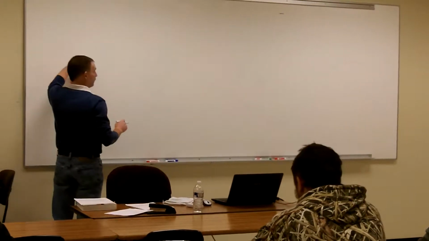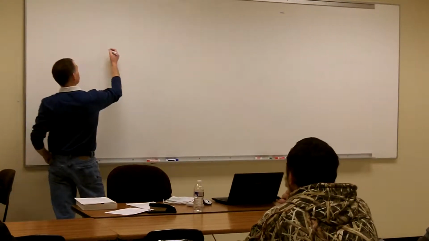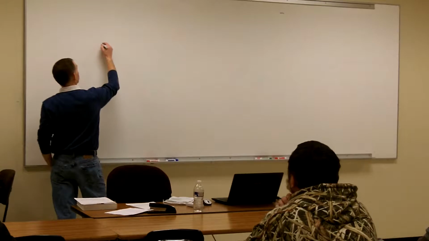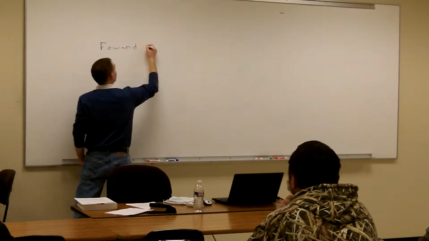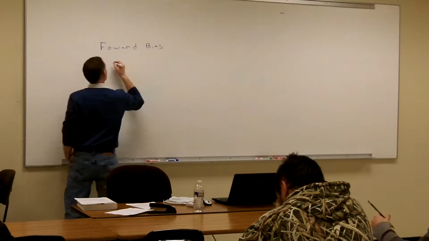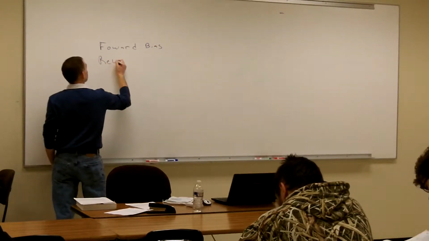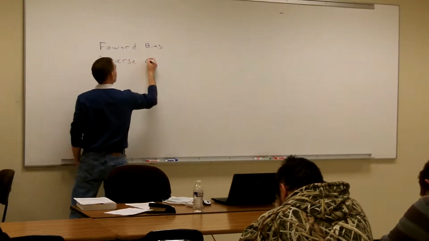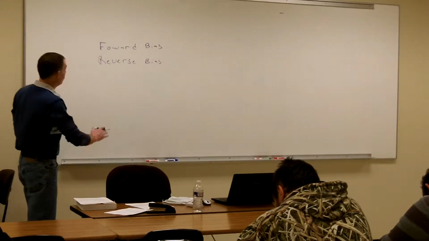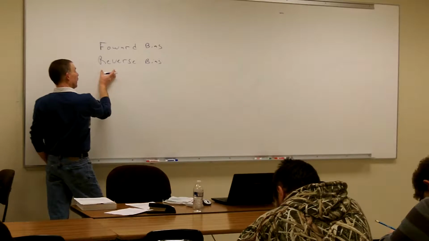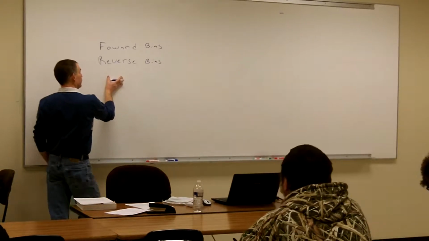So there's two actual states that the diode can be in: it can either be in a forward bias or a reverse bias. And then there's two failures that it can be.